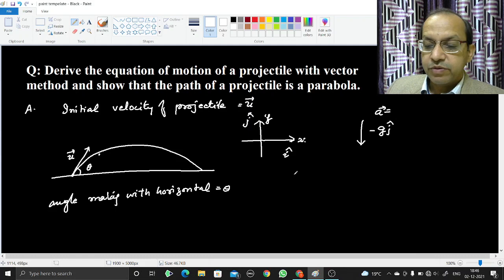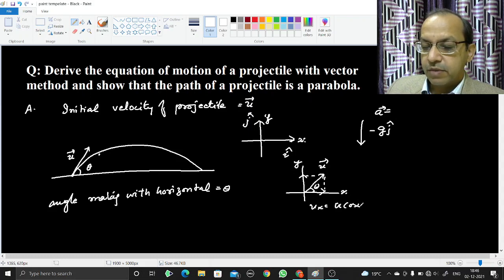What is u? u is the initial velocity. This u vector will have two components: a horizontal component ux and a vertical component uy, along the x-axis and y-axis. The angle here is theta, so ux will be u cos theta and uy will be u sin theta.